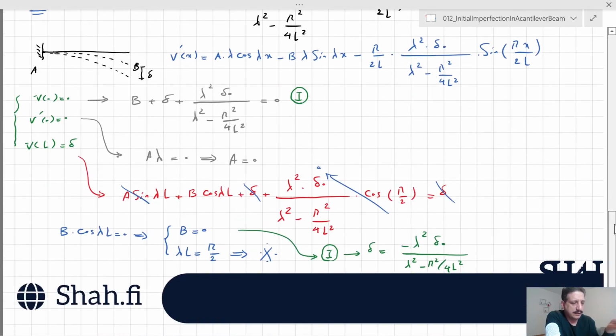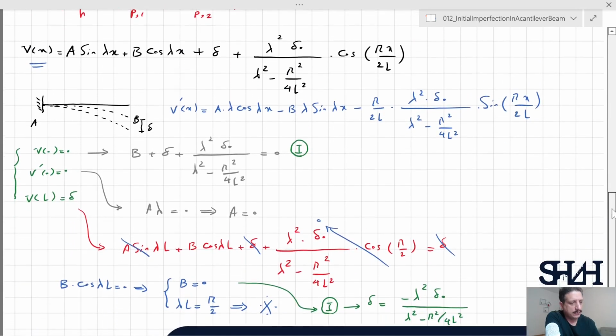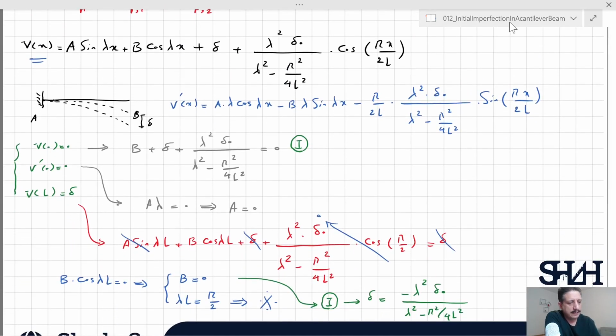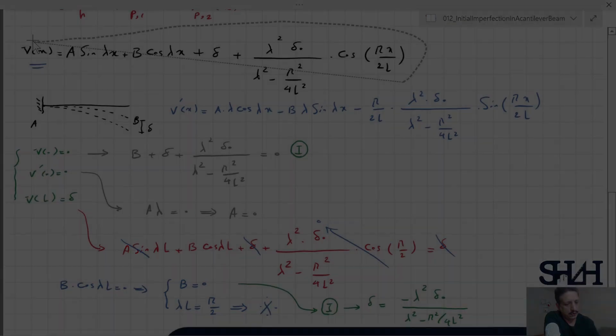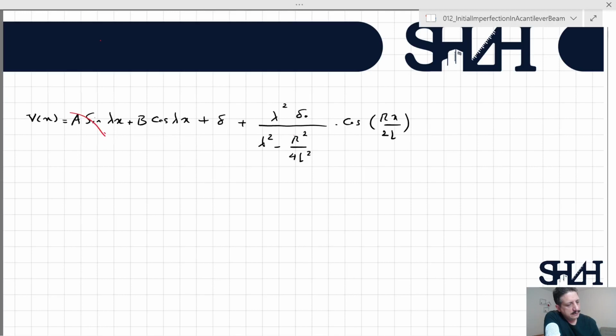Now we have delta, A and B. We can come back to our main equation V of x and rewrite it with the determined coefficients. So A is 0, B is 0, and delta is minus lambda square delta 0 divided by lambda square minus pi square divided by 4L square.